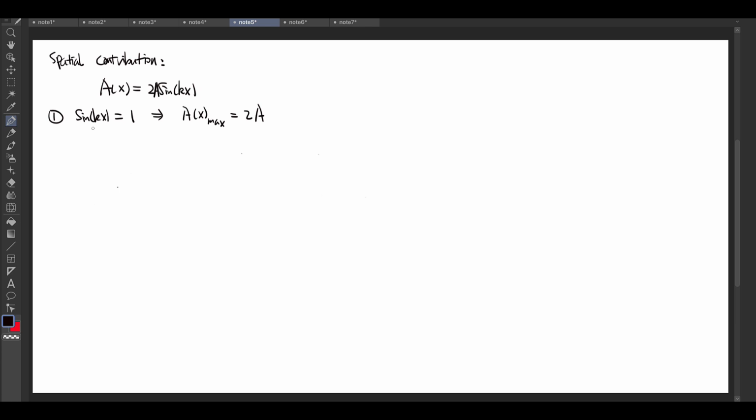Okay, now the solution to sine kx equals 1 is given by kx equals, so think about the sine function. Let's say sine theta looks like this. So we need to figure out all these points where we have sine theta equals 1, right? All these points. And that is given by, the first one is pi over 2. The next one is pi over 2 plus 2 pi.